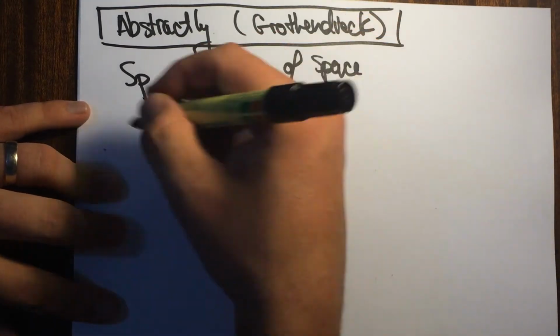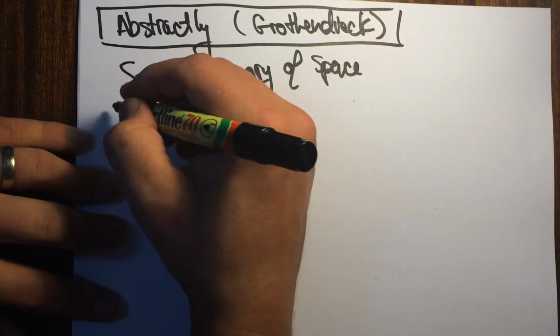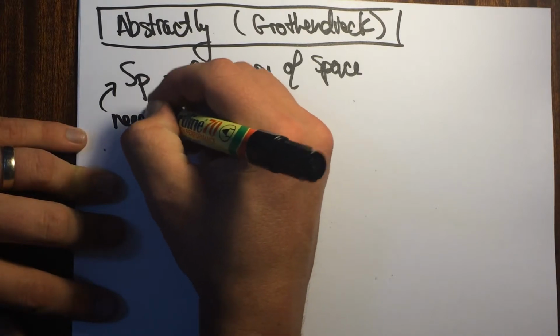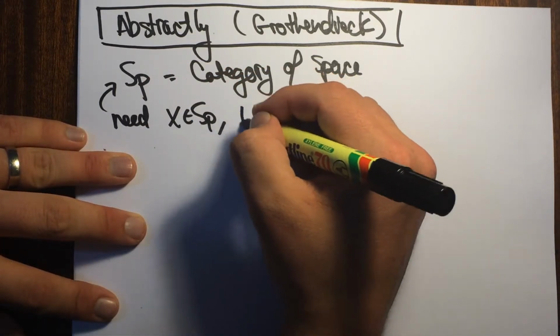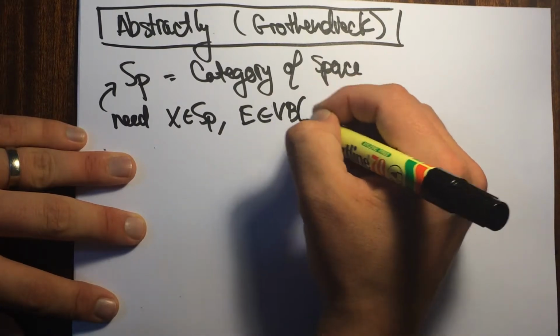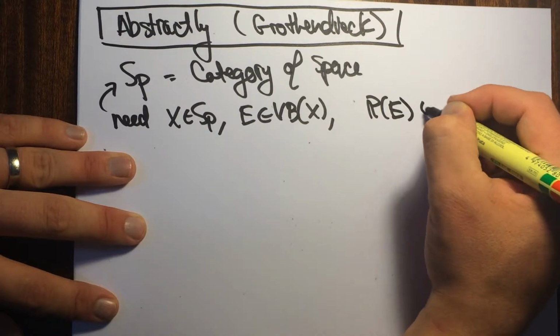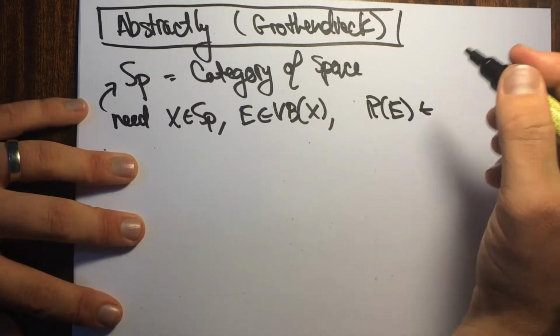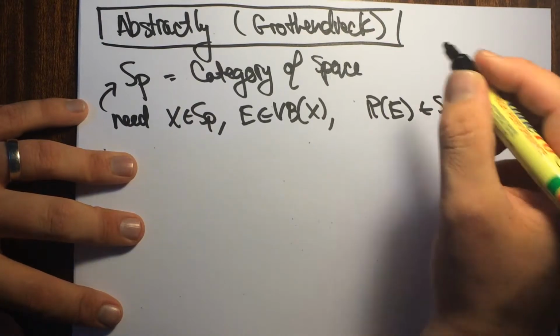We need these spaces to have projective bundles. So for X in Sp, and E a vector bundle on X, we need the projective bundle of E to be an actual space. It needs to be representable, so this needs to be an element of Sp.